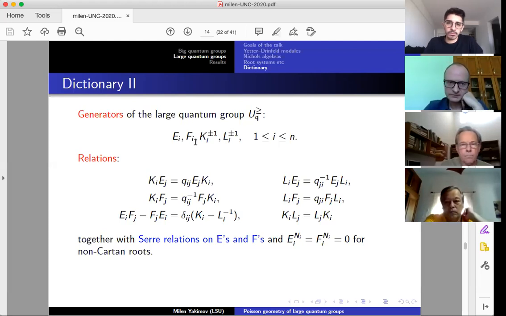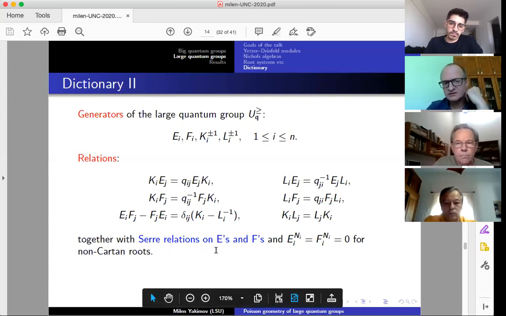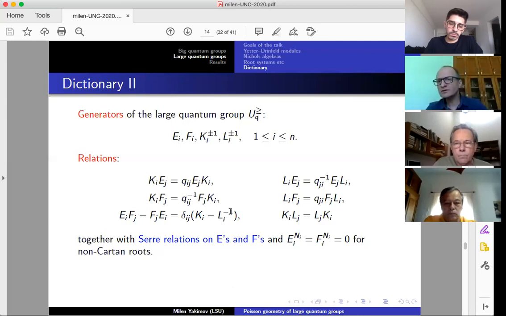So all that appears here is a quantum analog of the universal enveloping algebra of the reductive algebra g plus h. Then we're going to have relations that very much look like the previously studied relations, but now we're going to have a crazy set of Serre relations between E and F, and we will never write down those Serre relations simply because we will not work with the Serre relations, but we will work with this interpretation in terms of Nichols algebras and pre-Nichols algebras.